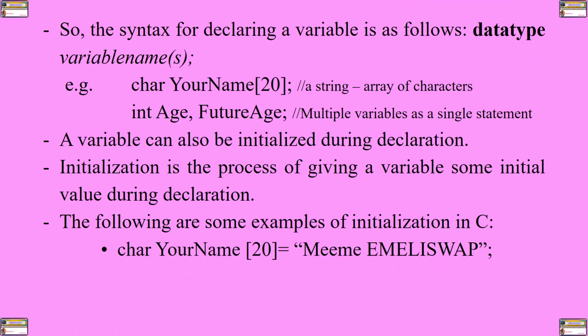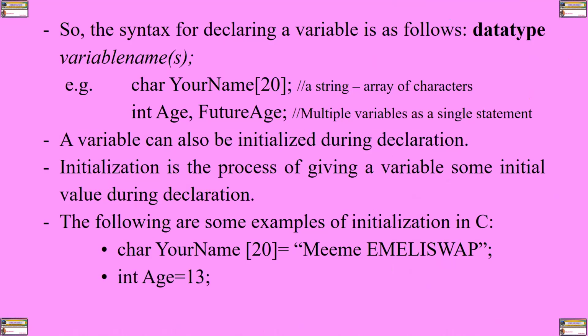This statement is telling the compiler to set a memory location called yourname, which is supposed to hold characters which should not exceed 20, then store into it the text Emily Swap.